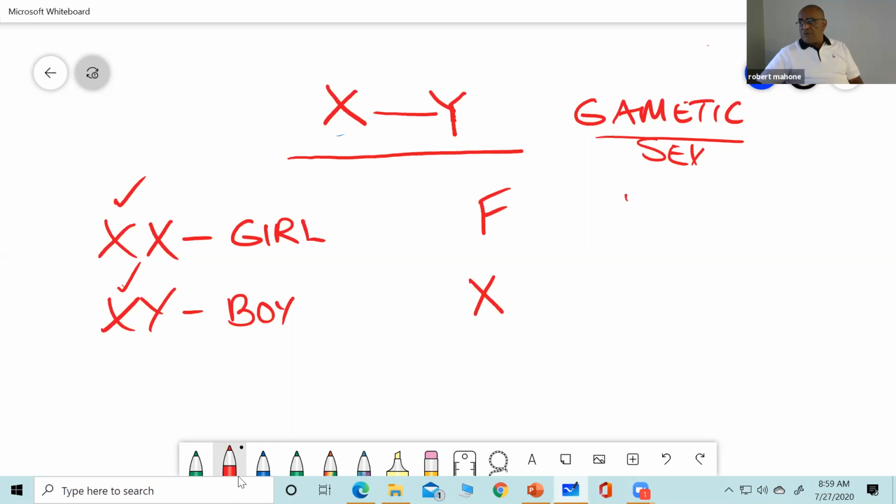And then along comes the male. Some of the sperm will be X, some of the sperm will be Y. The first one that gets there and merges with that X determines the sex of the child. So if the X sperm gets there first, it's going to be a girl. If the Y sperm gets there first, it's going to be a boy.